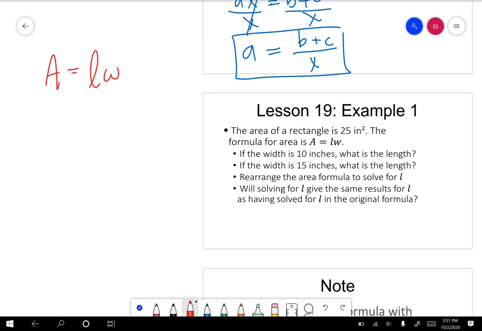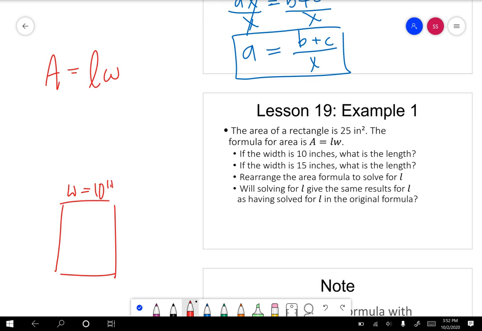Okay, here we have a scenario where the width is 10 inches. So I'm going to draw you a little picture. So the width is 10 inches and the length, oh, sorry. Yeah, okay. 10 inches. We don't know the length.